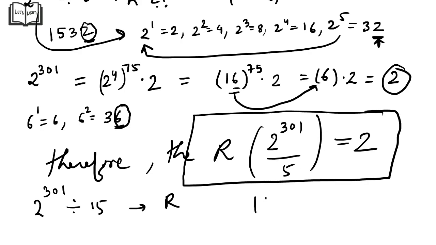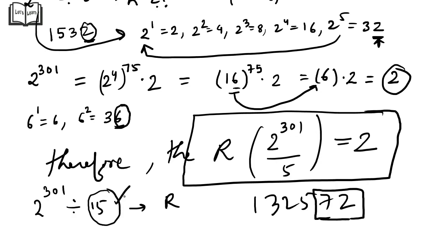So suppose the number is 13257, then you need to check the last two digits to find the remainder. The number of digits you check depends on the number you are dividing by. If the number is between 1 and 10, then the unit digit is enough.